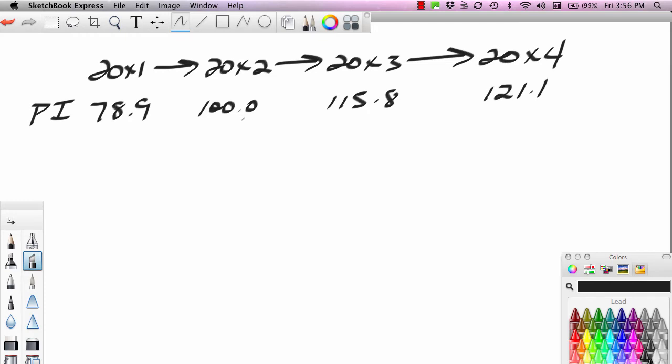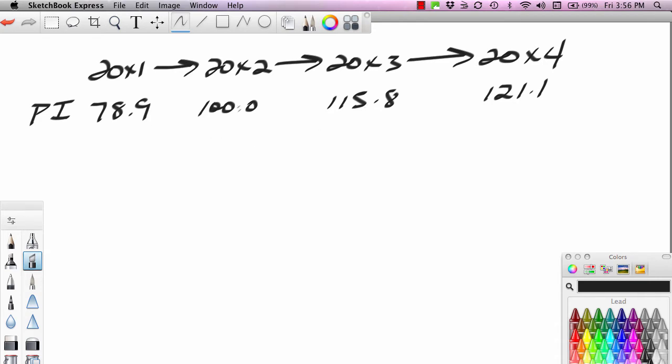You can see it. We go from 100 to 121.1. That tells us that prices have gone up about 21% between those two years. So index numbers give us a very, very nice and clean comparison between years prior to the base year and years post or after the base year.